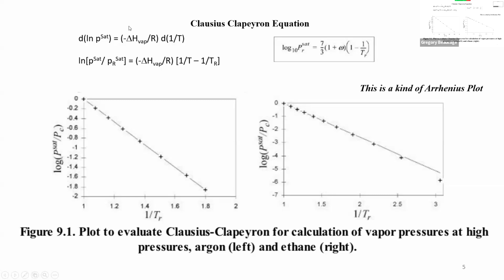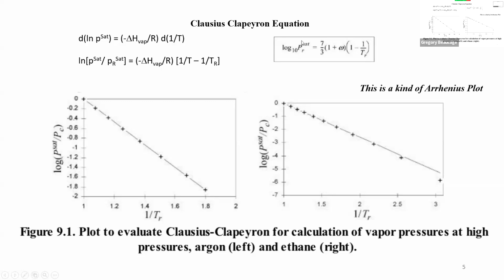Then this whole expression becomes a universal equation to predict the vapor pressure of anything at any temperature. So PR means the pressure divided by the critical pressure, and TR means the temperature divided by the critical temperature. And this omega is kind of a fudge factor. You can look up the critical temperatures and this acentric factor. This is a fudge factor. And then you can predict the vapor pressure of anything at any temperature.